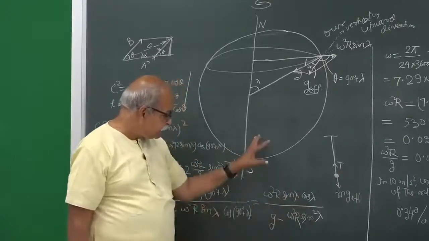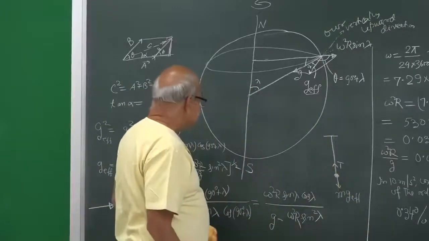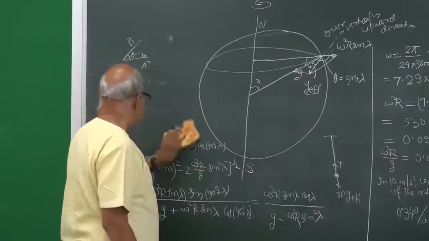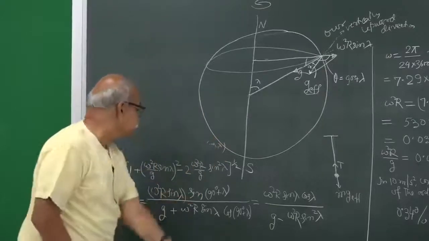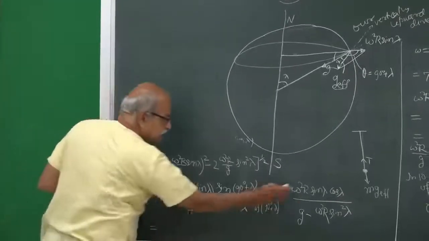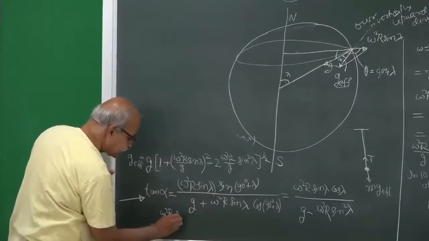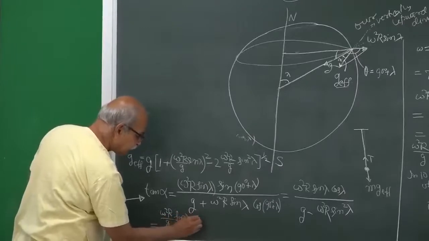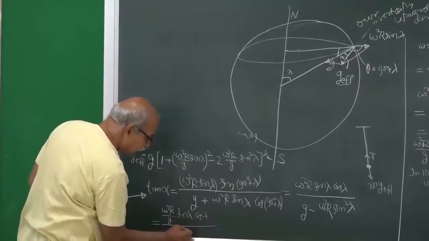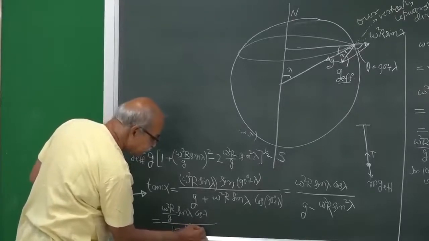You can divide by g in numerator and denominator, and you can write tan alpha is equal to omega square r by g, and then sin lambda and cos lambda, and then whole thing divided by 1 minus omega square r by g, and then sin square lambda.